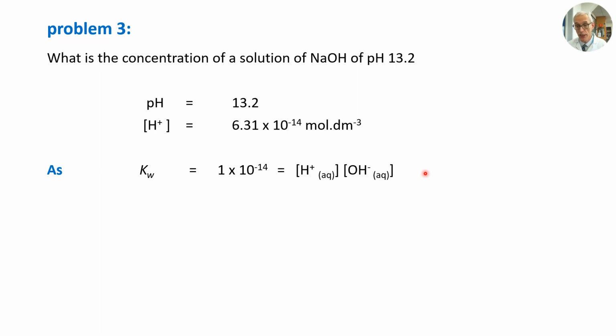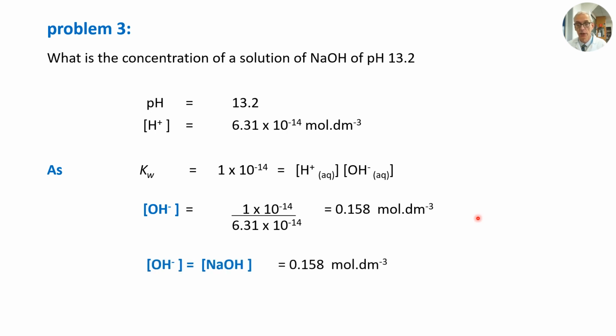So if I write out Kw, substitute in the value of the hydrogen ions, 6.31 times 10 to the minus 14, rearrange and achieve the value of the hydroxide ion concentration. So I brought the concentration of hydrogen ions down to divide the value of Kw. Comes out as 0.158 moles per decimeter cubed.